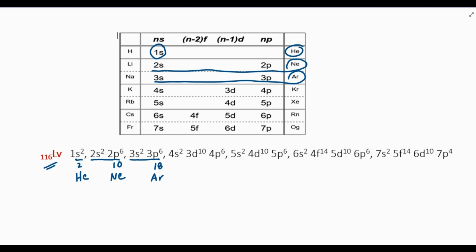The fourth shell, 4s2, 3d10, 4p6 is 18, 36, that is krypton. The fifth is like the fourth, 5s2, 4d10, 5p6 brings us to xenon, that is 18 more, 18 and 36 is 54, and that would be xenon.